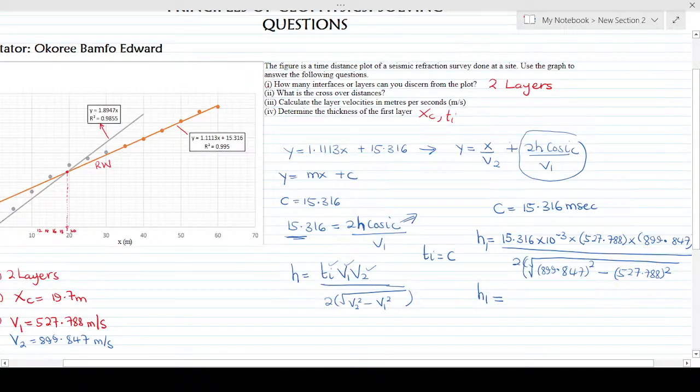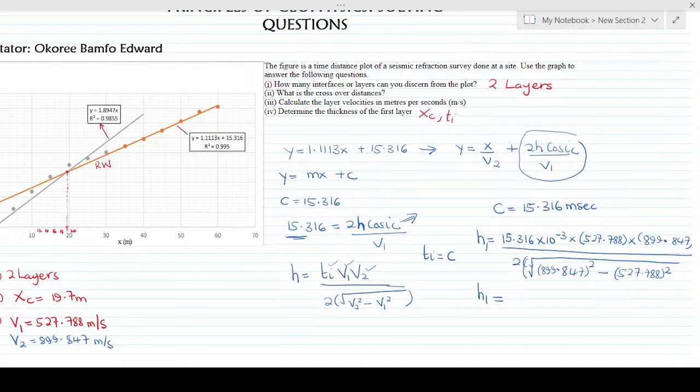Let me put in my calculator: 15.316 times 10 to the power negative 3, multiplying 527.788, multiplying 899.847, all over 2 multiplying the square root of 899.847 squared minus 527.788 squared.